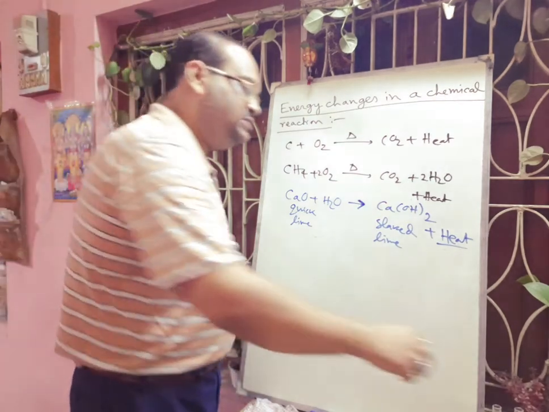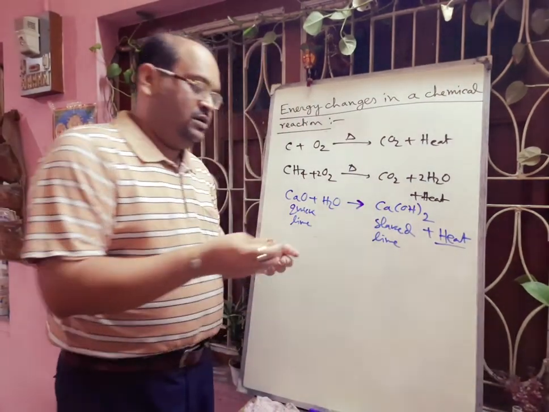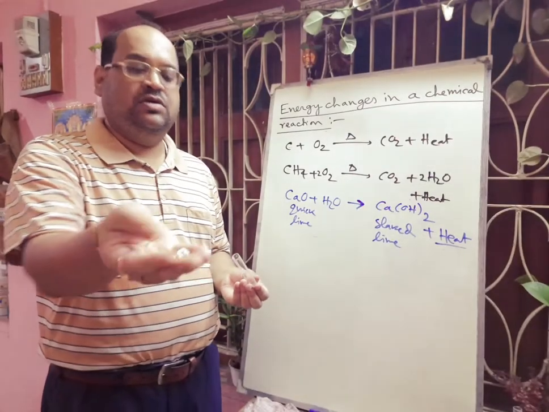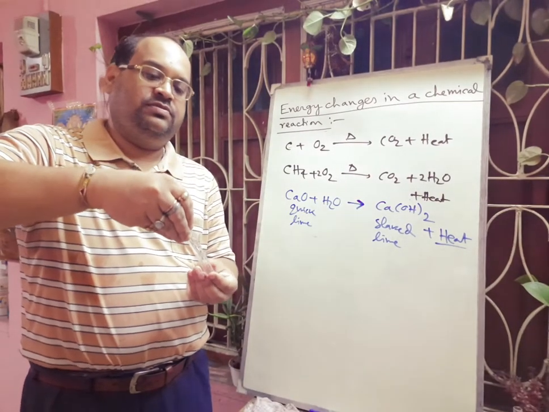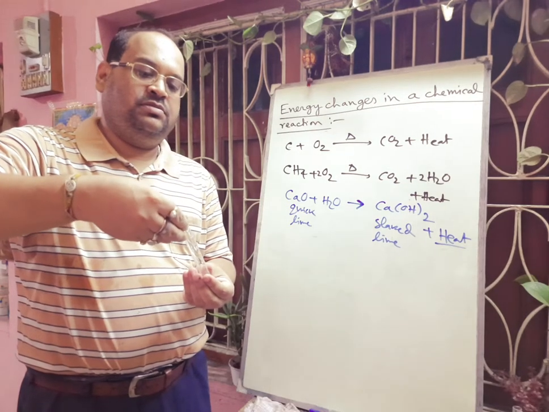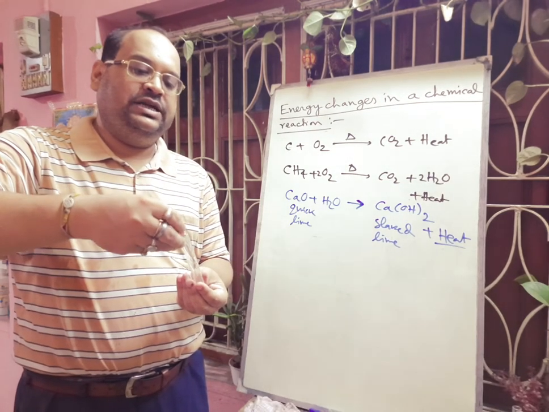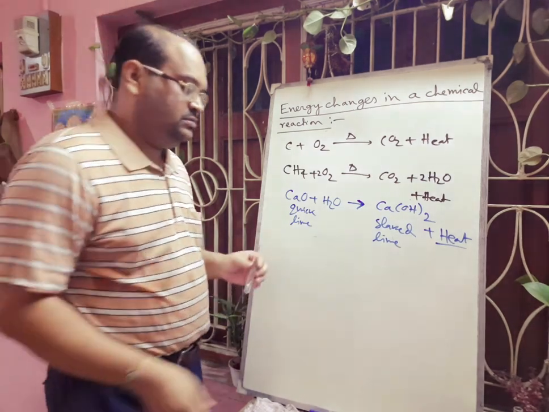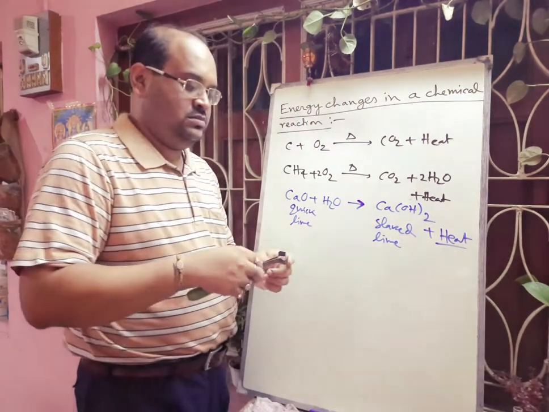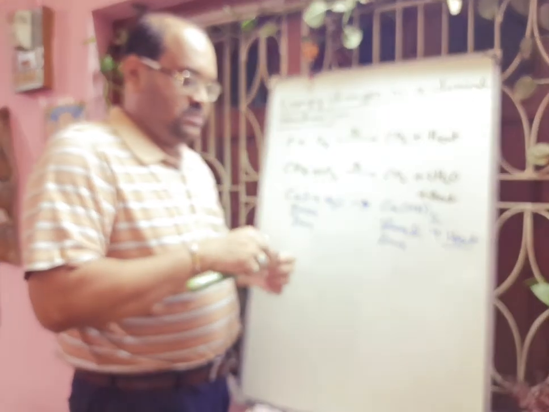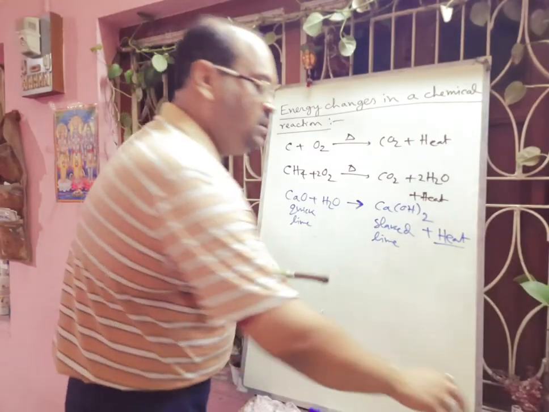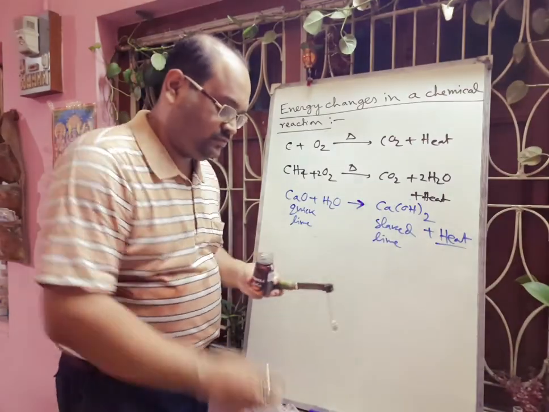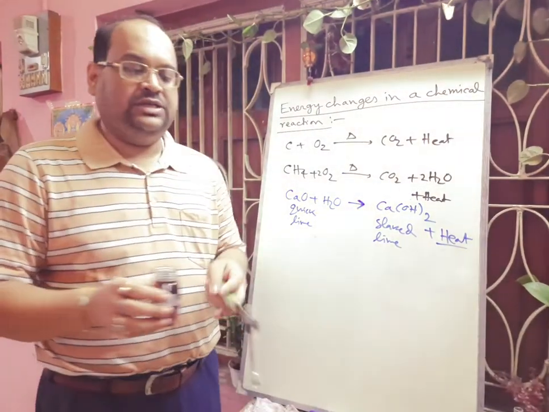And this is your zinc granules. So these are the zinc granules. So I am taking them inside a test tube. These granulated zincs are not pure zinc, there is some impurity. And next we are adding some dilute sulfuric acid.